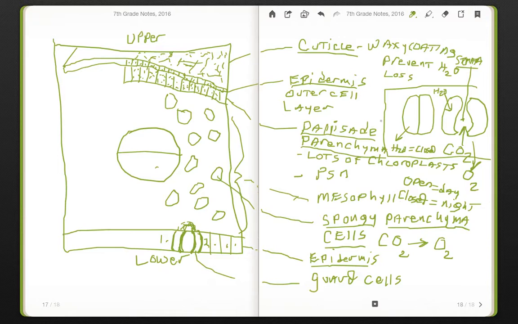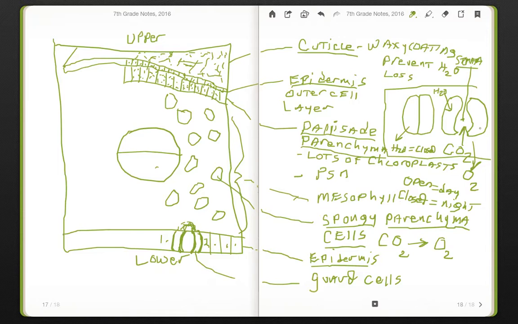Water escapes from them at nighttime because they're not doing photosynthesis, and they close up. They're not producing sugars. During the day, photosynthesis starts happening because there's chloroplasts in here. They produce sugars, and the high concentration of sugars allows water to go in. When water comes in, the guard cells poof up, and the opening opens up. The stoma opens up.